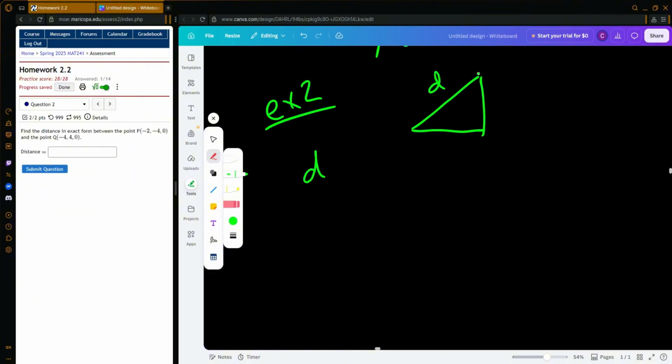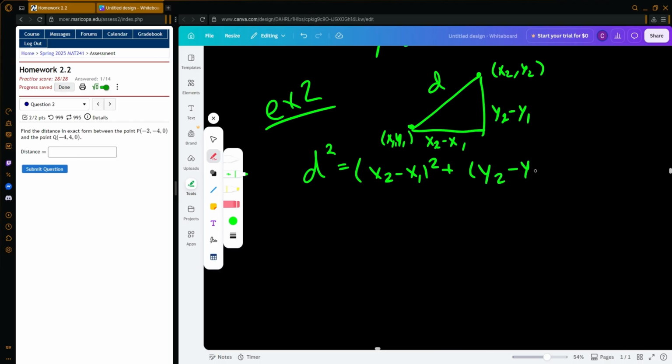Your distance between 2 points is going to be this side squared plus this side squared. If we label this x1, y1, and label this x2, y2, this distance is going to be x2 minus x1, and this distance is y2 minus y1. So your distance squared equals x2 minus x1 squared plus y2 minus y1 squared.